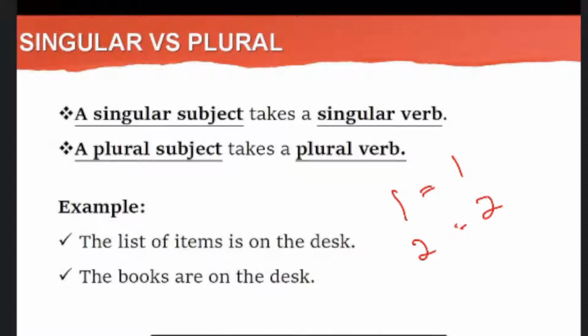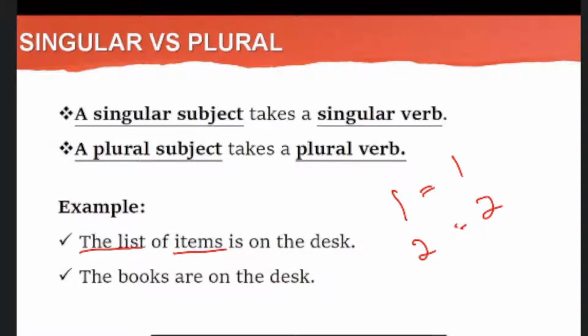I think for example number 1 and example number 2, you will have some confusion. Let's focus on example number 1. First of all, let's identify where the subject of the sentence is. Is it the list? Is it the items? Which one do you think is the subject of the first example?